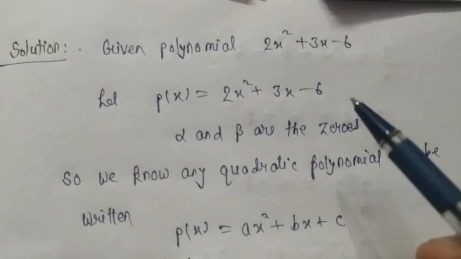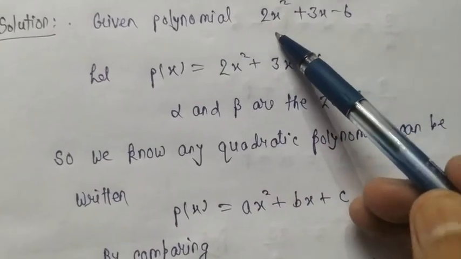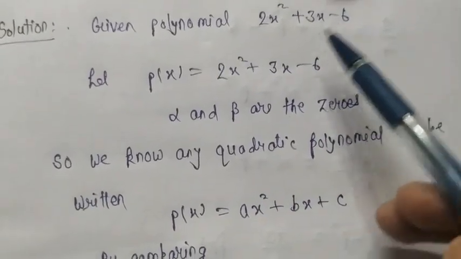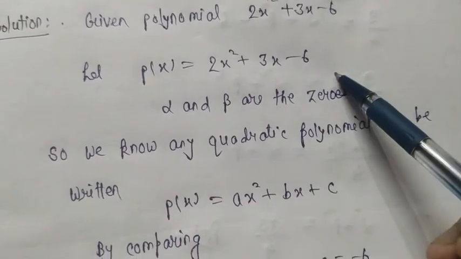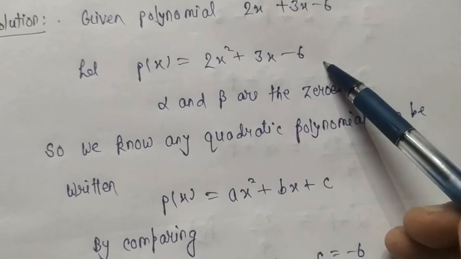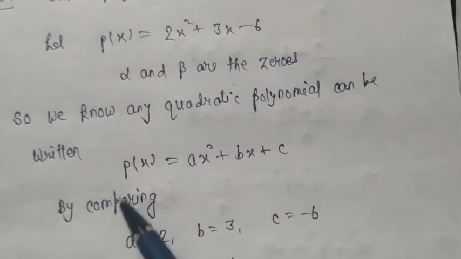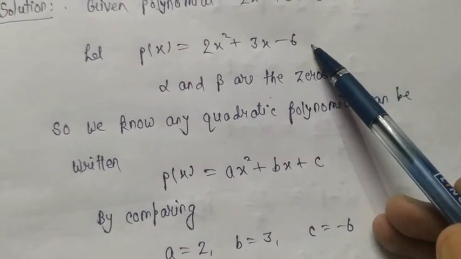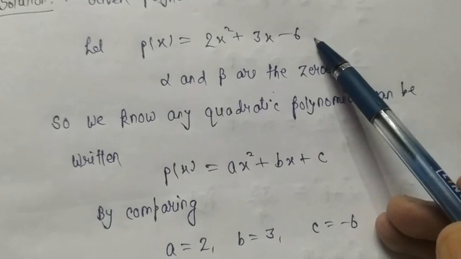Now, whatever information is given, first you write it. See, the polynomial given was 2x square plus 3x minus 6, so I have assumed p(x) equal to 2x square plus 3x minus 6. And in this question there were two zeros, alpha and beta. Because it is a quadratic polynomial, we can compare it with the general form of the quadratic polynomial.